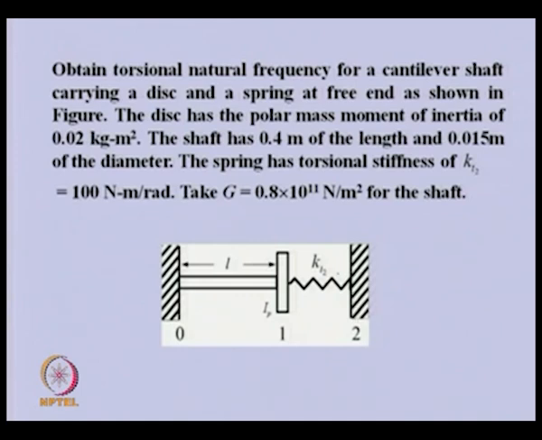Once we have this, we want to relate the state vectors at various stations on the left and right side of the disk, and relate the overall state vector. That means the state vector at station 2 and the state vector at station 0, and in between we will have various field and point matrices.